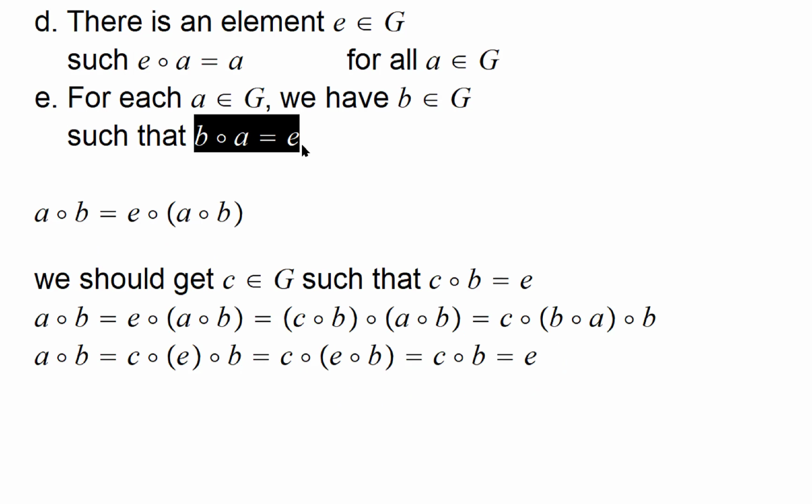That BA is E implied already that AB is E as well.